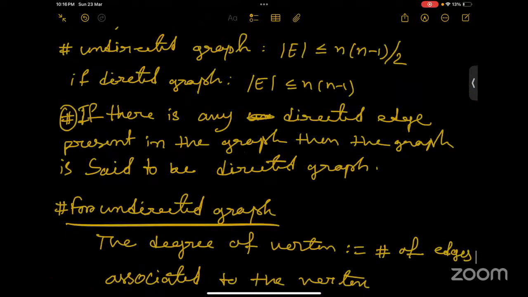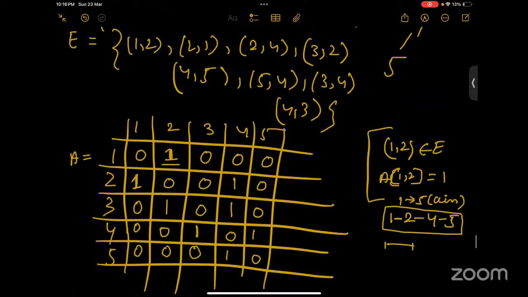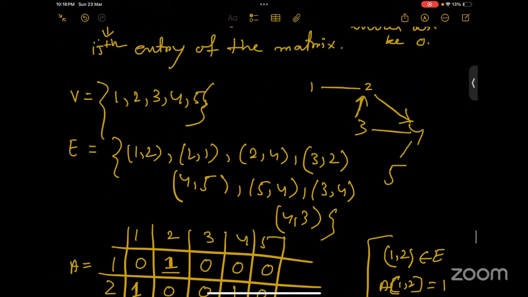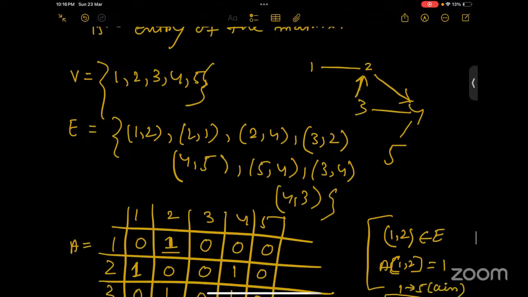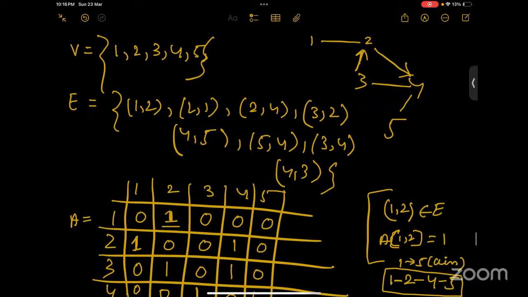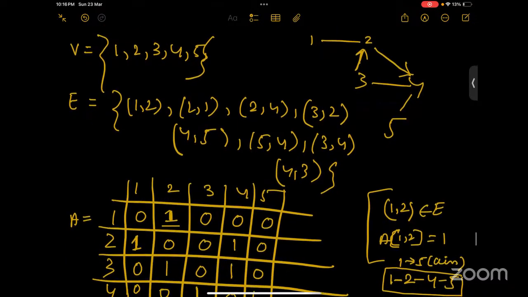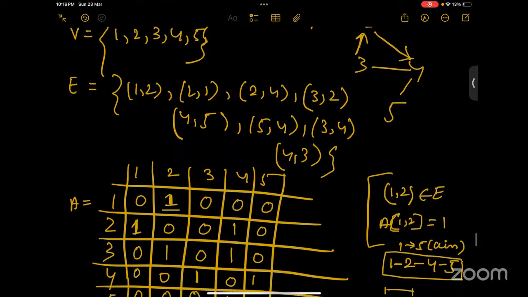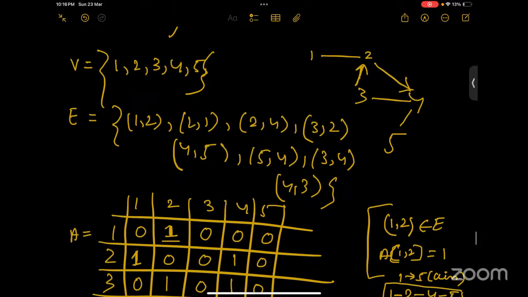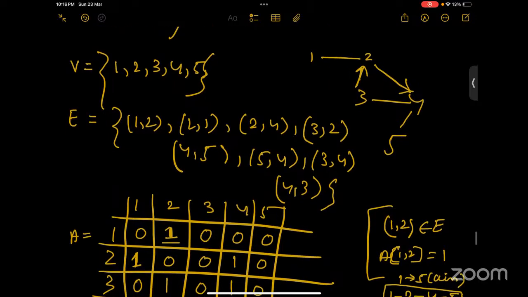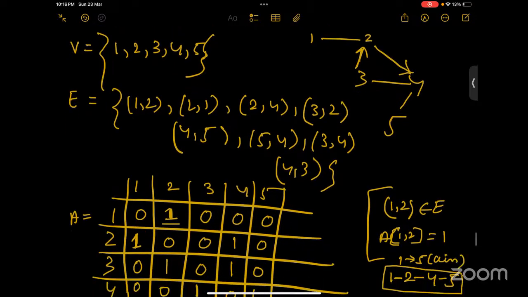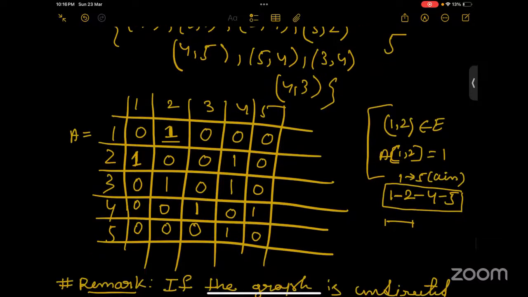Suppose we want to find the in degree of 2.